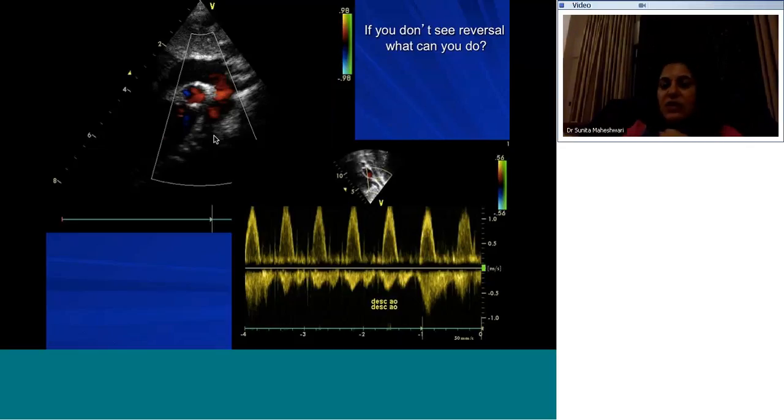And you can see on the Doppler also, you'll have a forward flow in systole, and in diastole, you'll have flow coming back. So if you don't see reversal, what can you do to find it? You can turn the scale down. You turn your Nyquist limit down, and then you can pick it up. If your scale is at 90, 100, sometimes you don't get it. So you turn it down to 40, 50 and take a look.